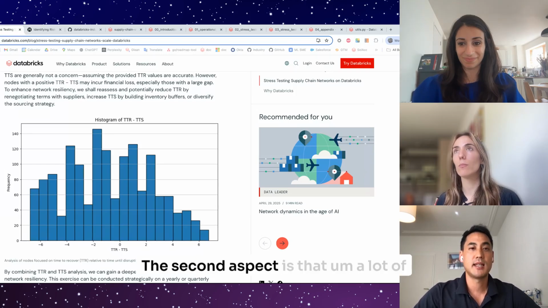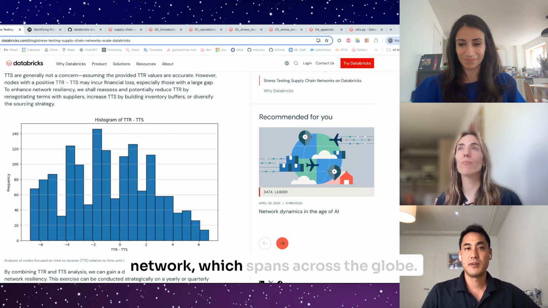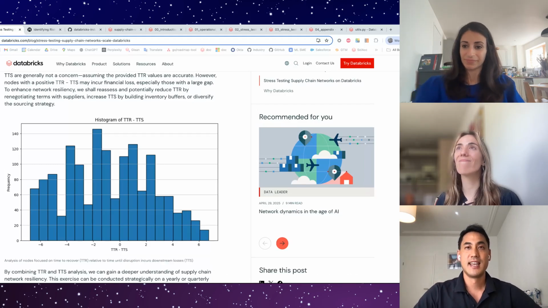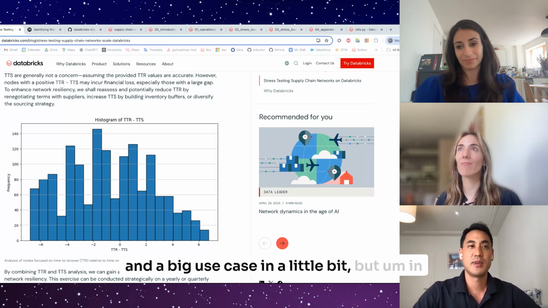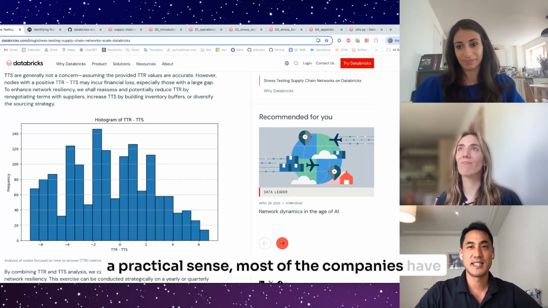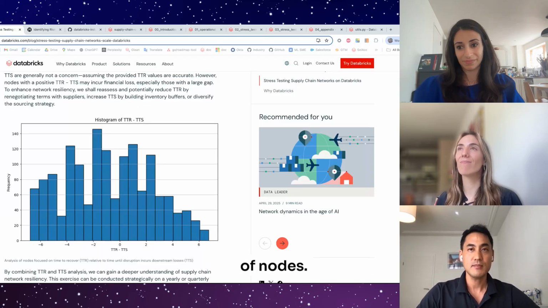The second aspect is that a lot of companies have very diversified supply chain networks, which span across the globe. We're going to look into a small use case and a big use case in a little bit, but in a practical sense, most companies have large networks consisting of tens of thousands of nodes.